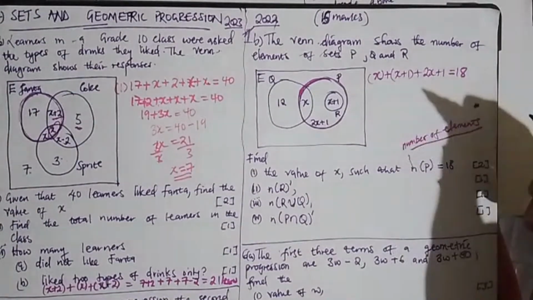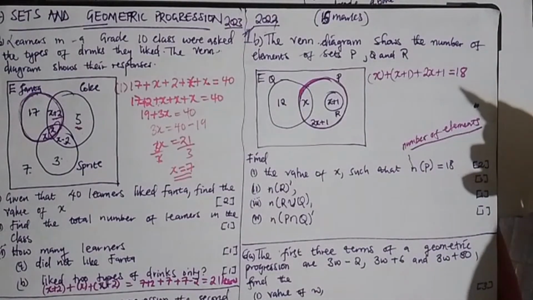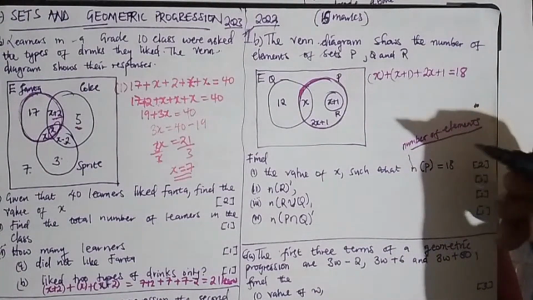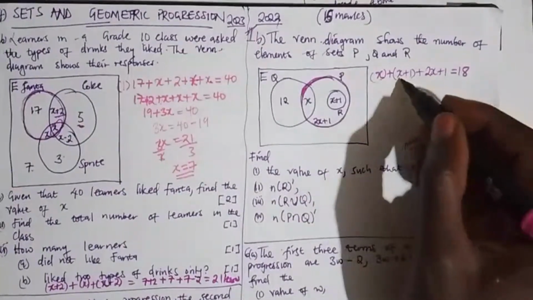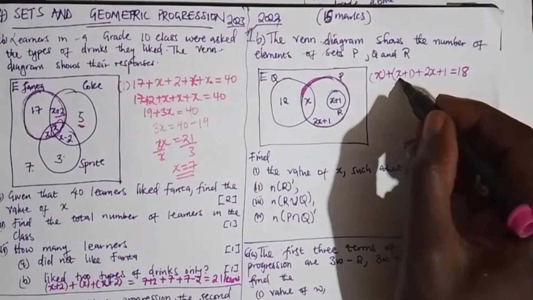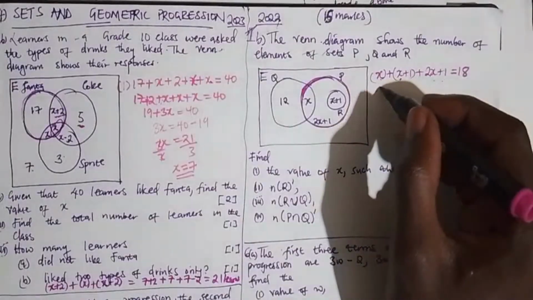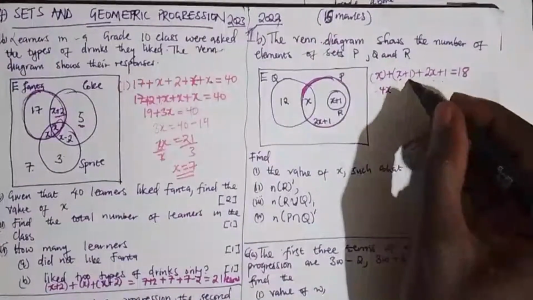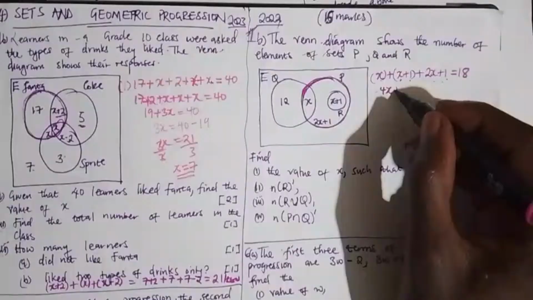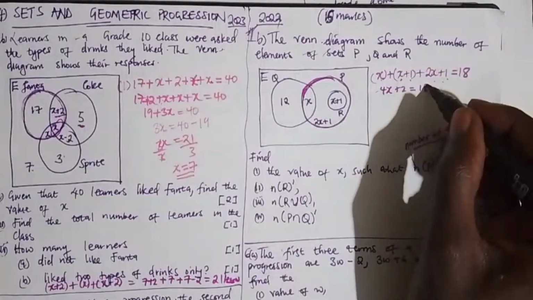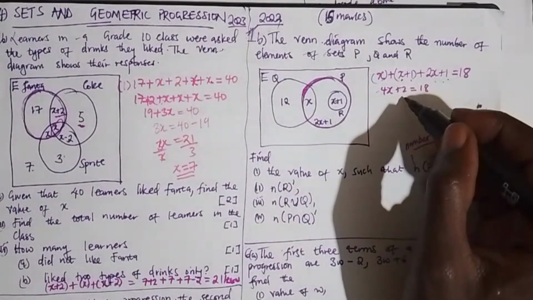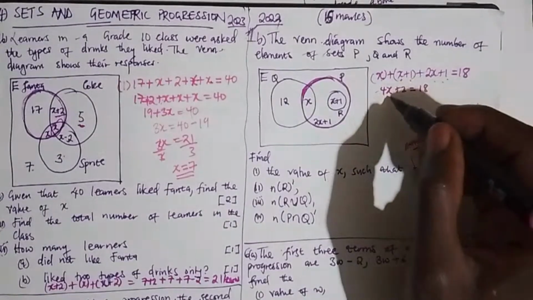Then the next step is grouping the like terms. So what are the like terms we have? We have x plus x, 2x. 2x plus 2x, we have 4x. 1 plus 1, we have 2. Is equal to 18. Then here you group the like terms.